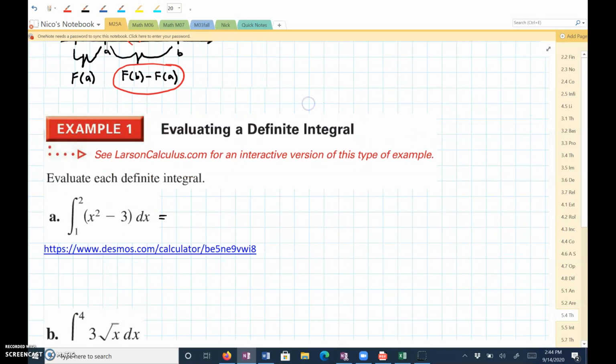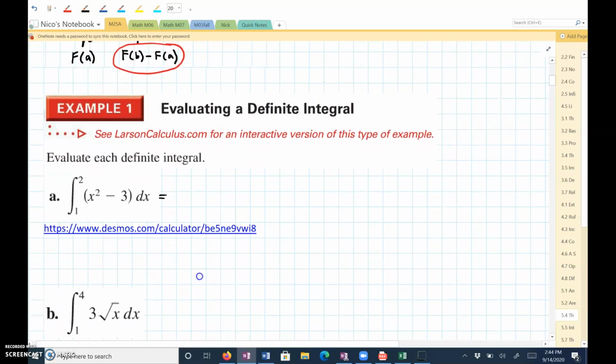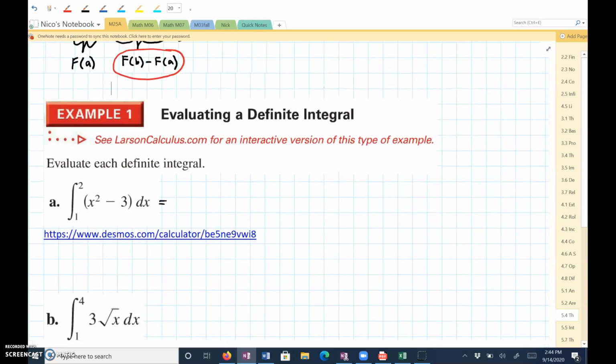Okay? So let's try one of these problems. So let's look at this problem here. First of all, let's find the antiderivative. So notice the antiderivative of x squared minus 3 would be x cubed over 3 minus 3x, and the limits of integration are from 1 to 2.